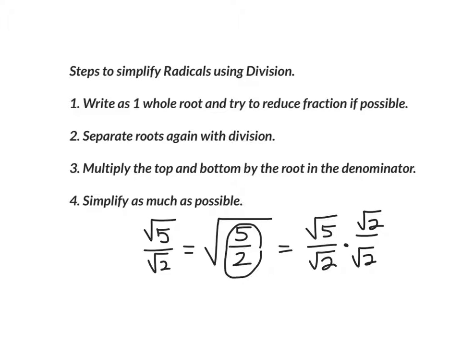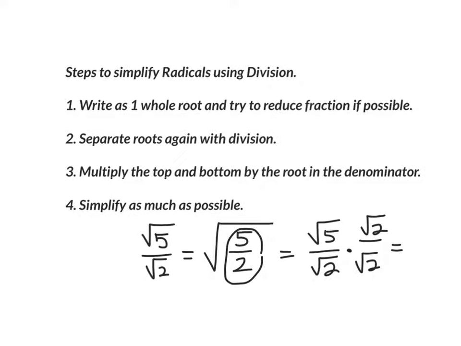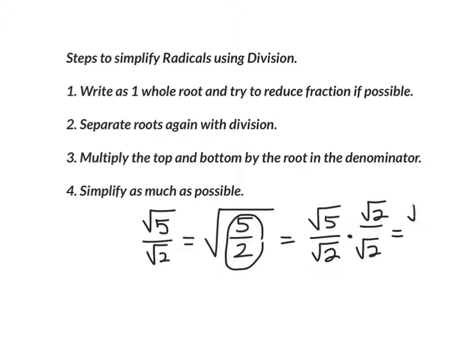Now we're going to use multiplication. Square root of 5 times square root of 2, those are both the same thing, I'm going to get the square root of 10. On the bottom, square root of 2 times square root of 2 is the square root of 4. I said we can't have a square root in the bottom, which is true, but the square root of 4 is 2.